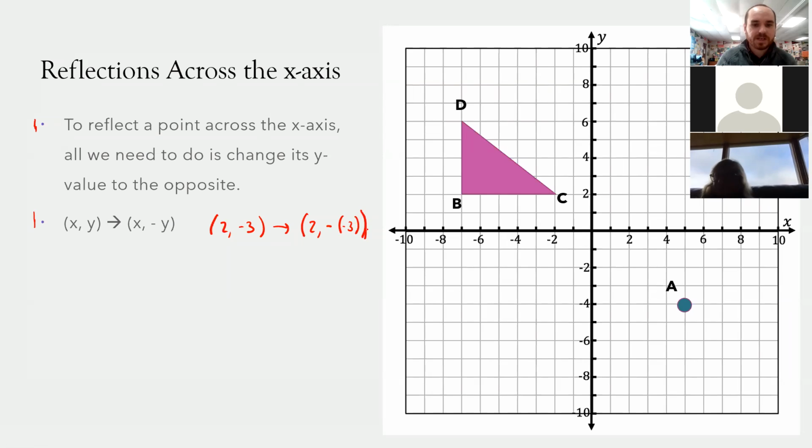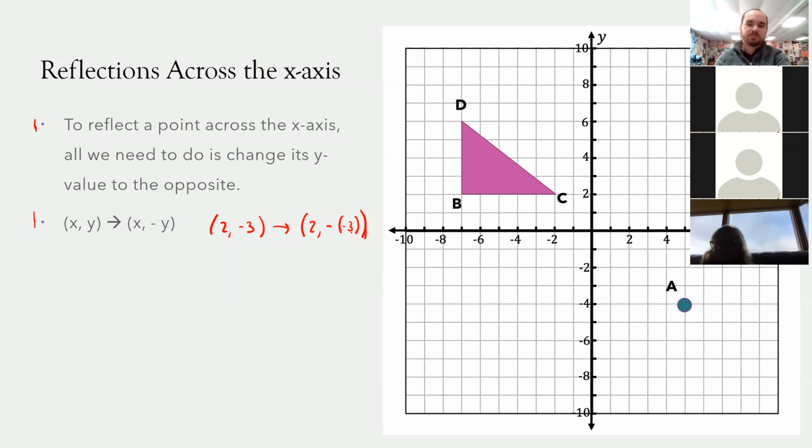Which is really weird. Can anybody tell me what is negative negative 3? Positive 3. It is positive 3. Right? So you can think of it as kind of just the 2 negatives come together to form a positive. So this 2 comma negative 3, the negative 3 would go to a positive 3. So you're just changing the y to the opposite value.